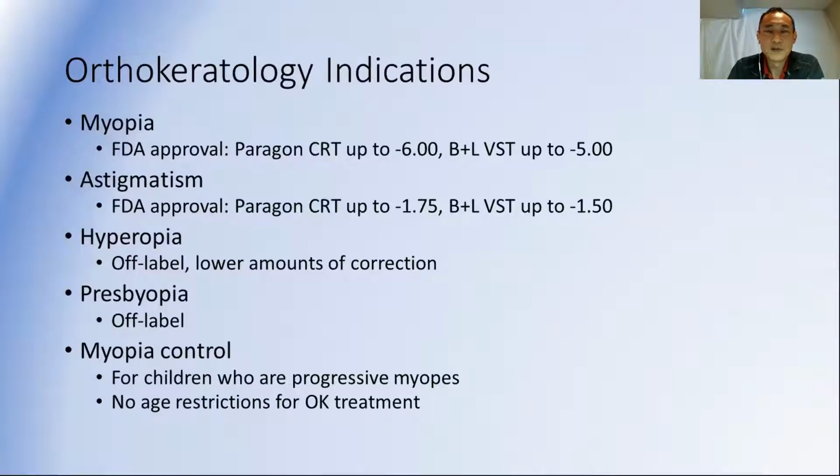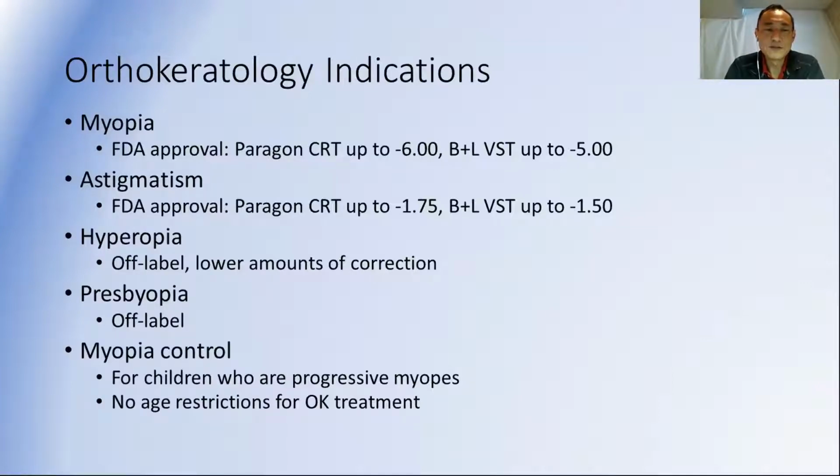Children who are becoming more myopic by a diopter or more a year, and whose parents are concerned that they're going to end up being very myopic when they're an adult. And as we know, high degrees of myopia are also associated with ocular changes that may result in other problems down the road, such as retinal detachment and other retinal problems, macular degeneration, and glaucoma.